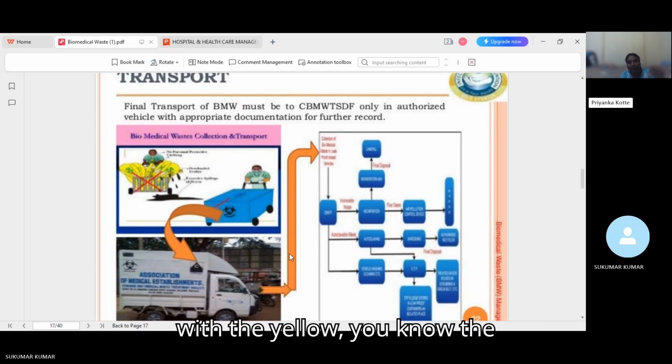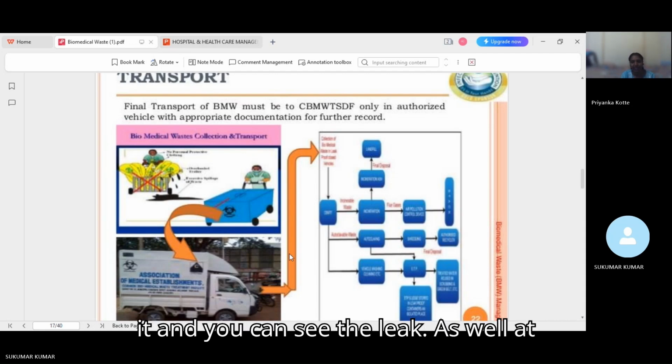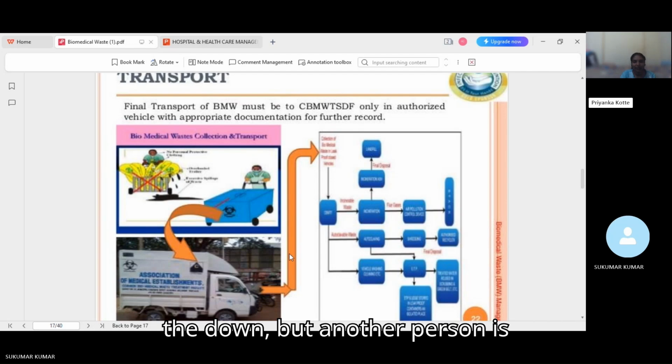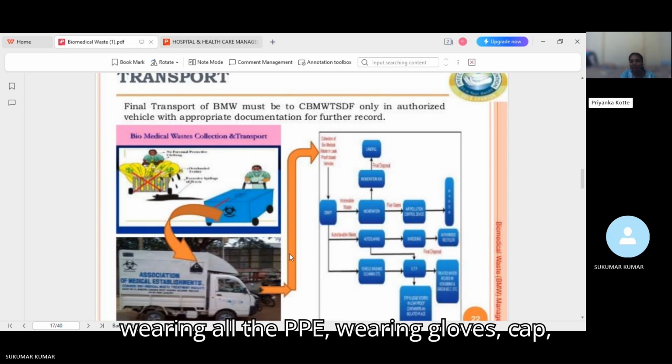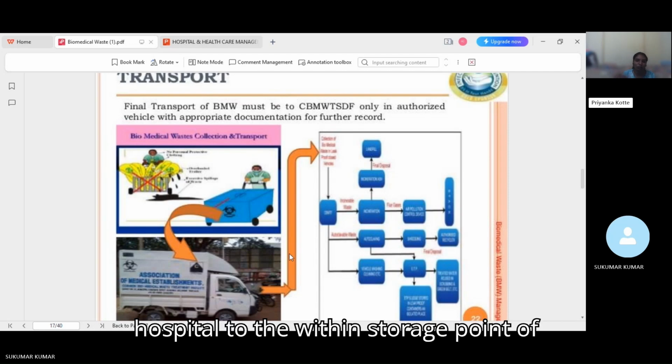In the one with the cross, the waste is just dumped into the transportation trolley and pushed, and you can see the leak at the bottom. But the other person is wearing all the PPE, gloves, cap, apron, even boots, and the transportation trolley is sealed properly. There's no leakage of the waste. This is within the hospital, from the ward to the storage point of the hospital.